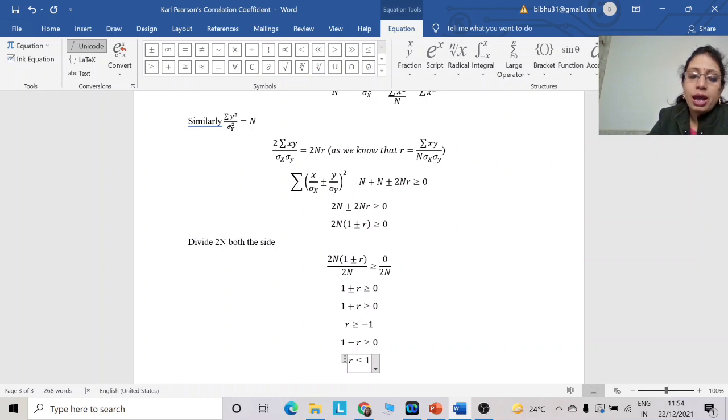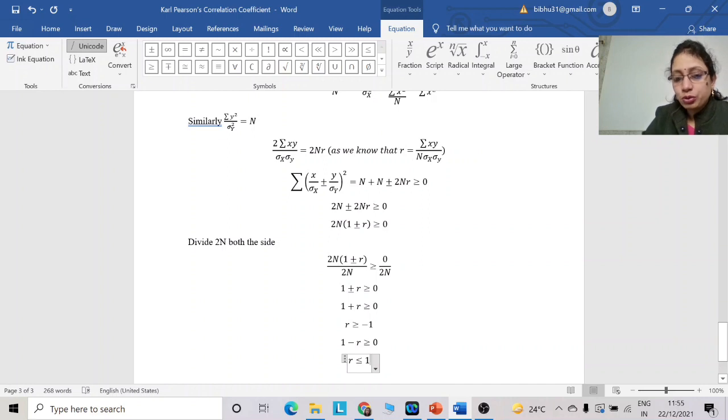Okay, and so while calculating the correlation coefficient, if the value exceeds plus 1 or exceeds minus 1, sorry, if it exceeds plus 1, that means there must be some miscalculation from your side. Okay, it will be greater than or equal to minus 1. So the value ranges between minus 1 to plus 1.